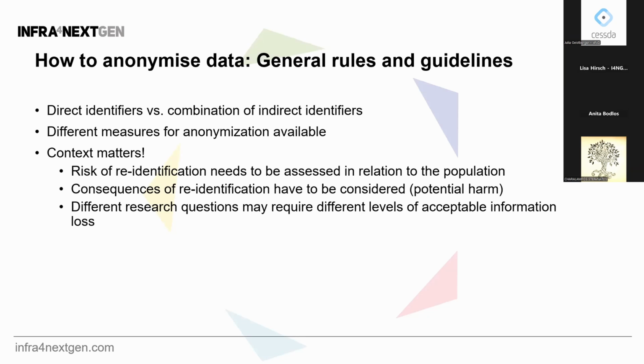So here you have to weigh these two aspects. On the other hand, if you have a very large population, like for example, the entire population of a country, but if this information is revealed or political views are revealed, and this may cause a lot of harm to an individual because, for instance, this person lives in a country where liberal rights and human rights are not protected, and they could end up in prison or worse for expressing their political views, then this potential harm is, of course, very large.